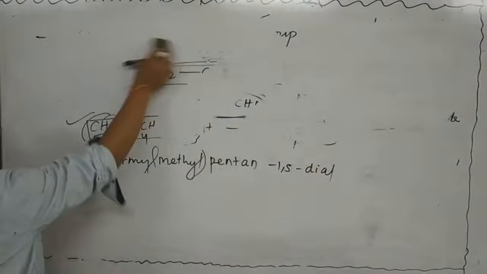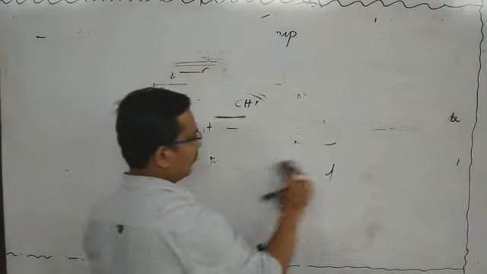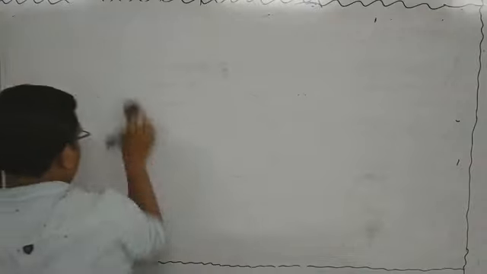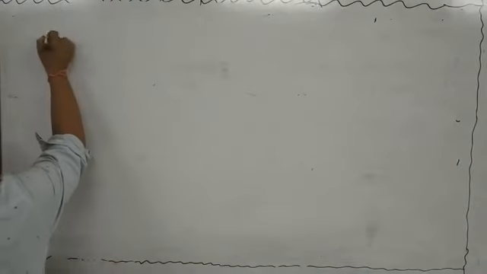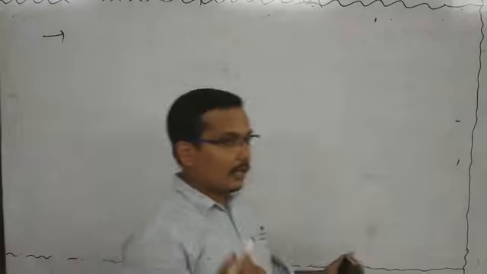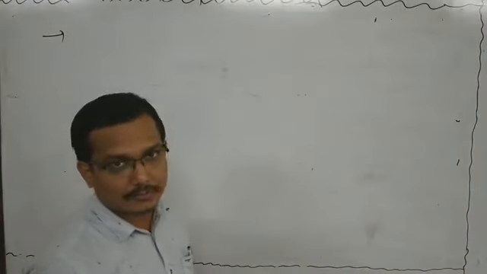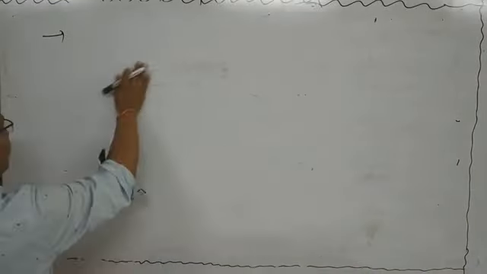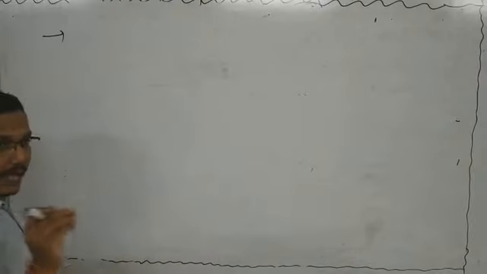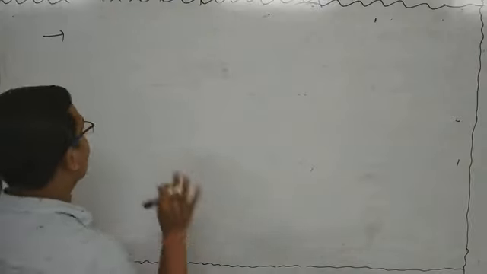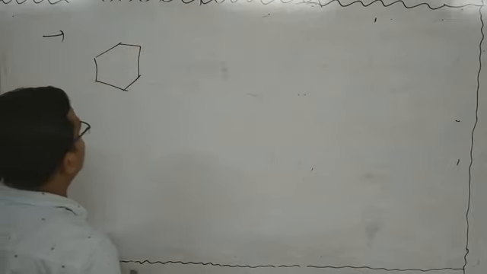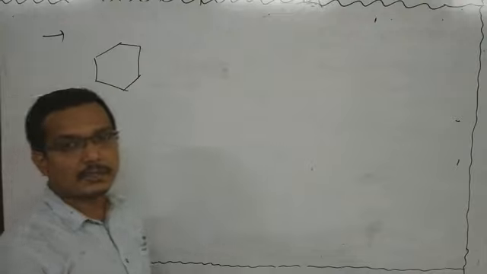Suppose an organic compound contains, suppose you think about the cyclo compounds. Before going to the aldehyde containing cyclo compound, if I think about only the cyclo compounds, then what will be the name of this compound?